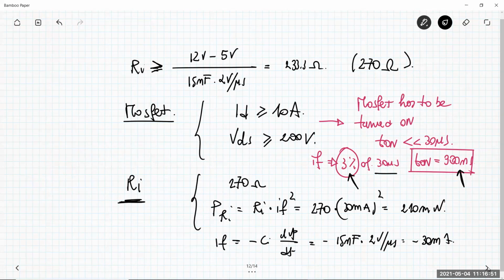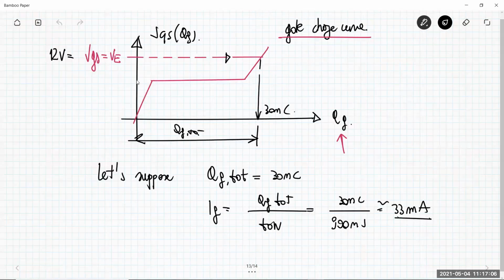If you choose a transistor which is very fast, it means that you have to provide enough charge during T-on for charging the parasitic capacitance. And so this requires a very huge current flowing to the gate. This is the reason why I have to compute the current flowing to the gate for the T-on interval I decided. In this case, it's not so huge. If here you have, for example, 25 amps, this is not possible.